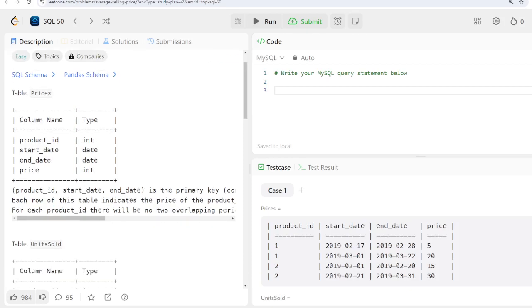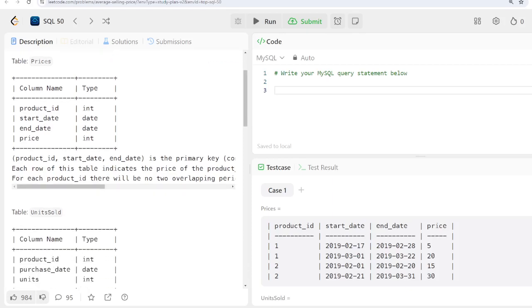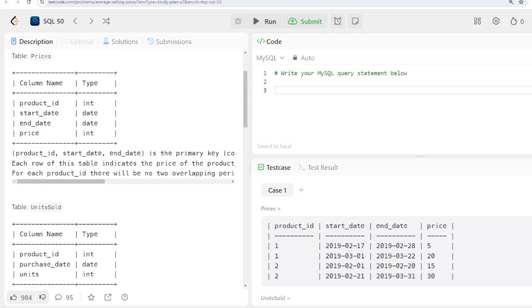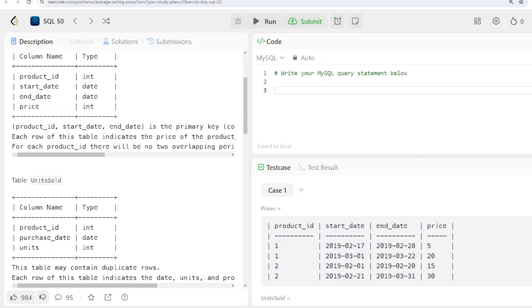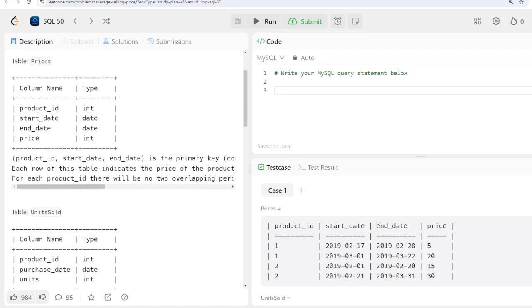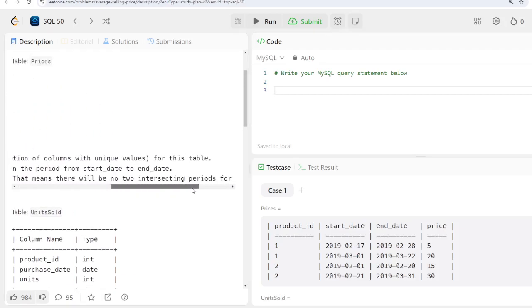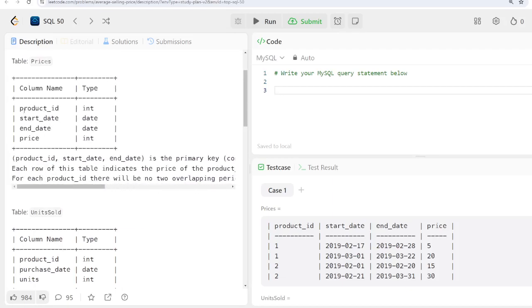So we have this prices table where I have four columns, that is product ID, start date, end date and price. Now the product ID, start date and end date is the primary key for this table, right? So this means that the combination of these three columns will be unique.